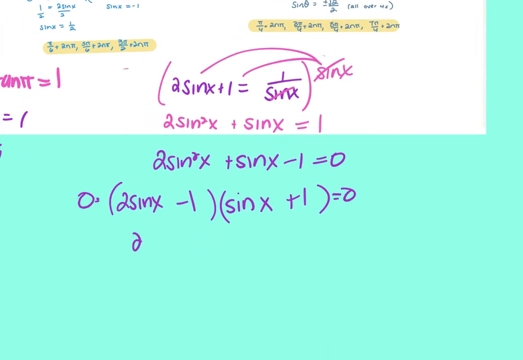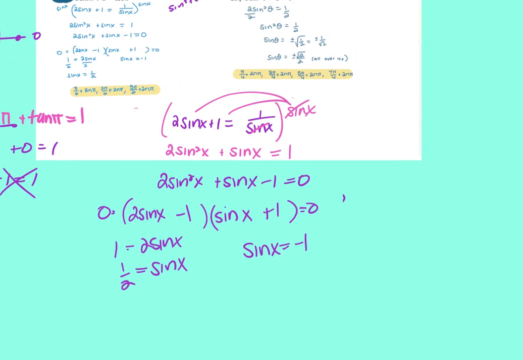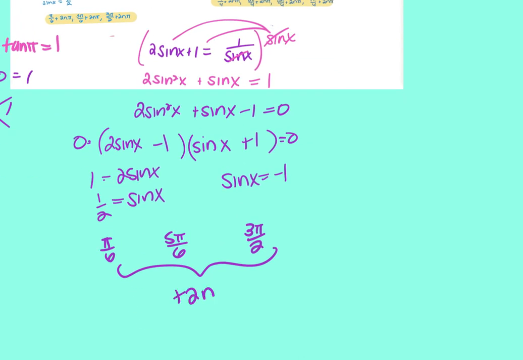So I'd get 2 sine x equals 1, sine of x equals 1/2, and sine of x equals -1. And then you'd go to your circle, you'd find everywhere the y is +1/2, which happens at pi over 6 and 5 pi over 6. And then everywhere the y is -1, which happens at 3 pi over 2. And to all of these, we add 2n pi.